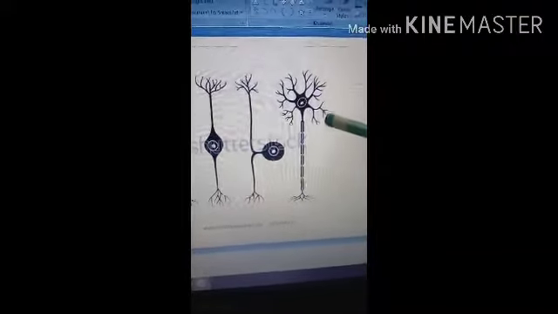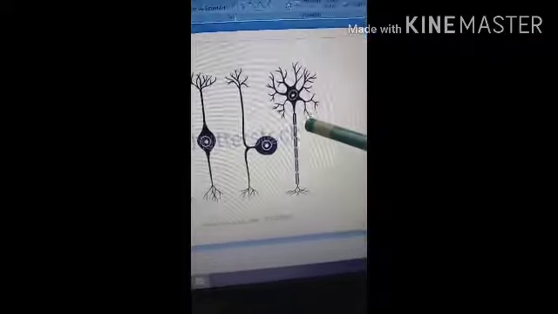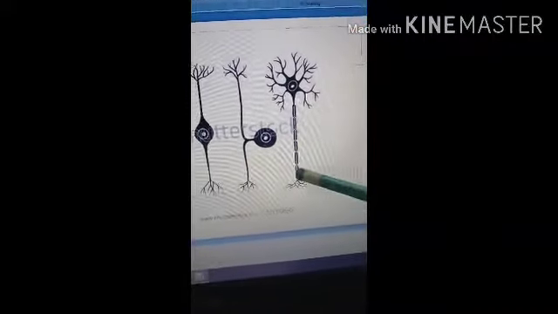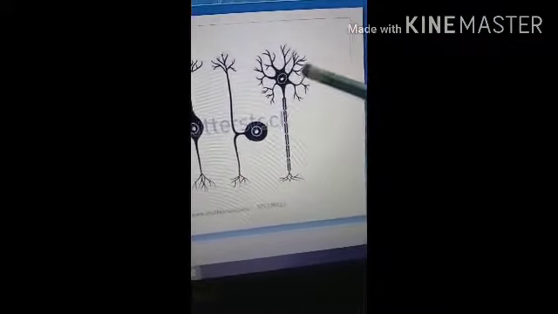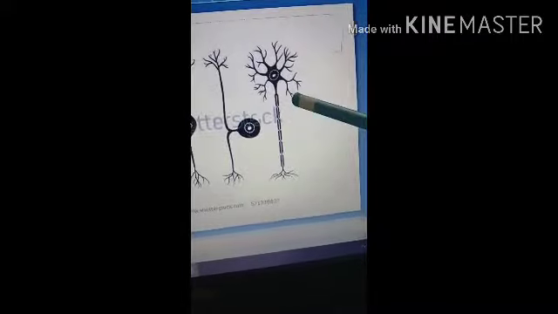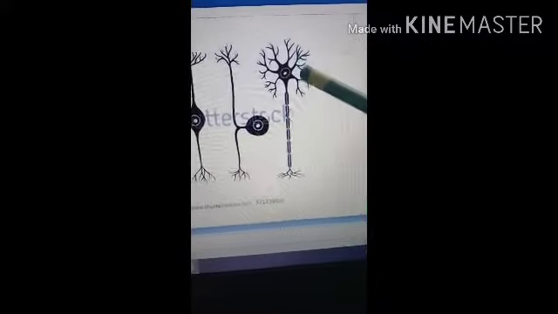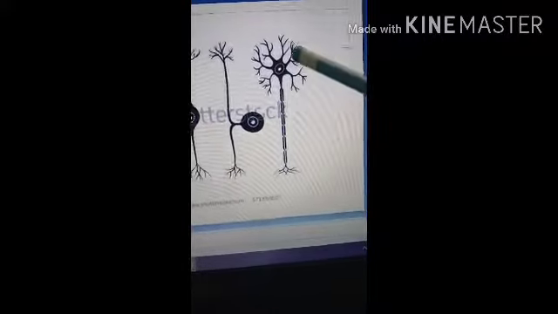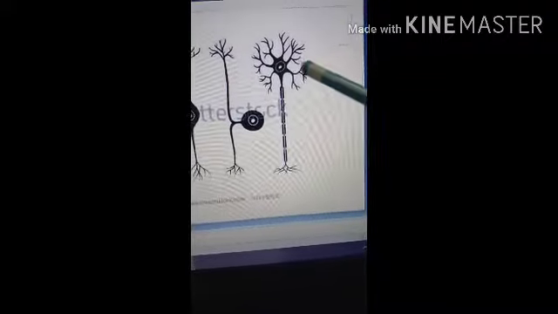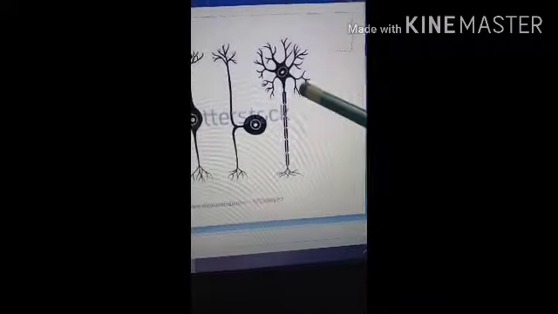So the neuron consists of a long axon and numerous short dendrites, and this should be present in the pyramidal cells of the cerebral cortex, Purkinje cells of the cerebellum, and the anterior horn of the spinal cord. So here the Golgi type 1 neurons are present.